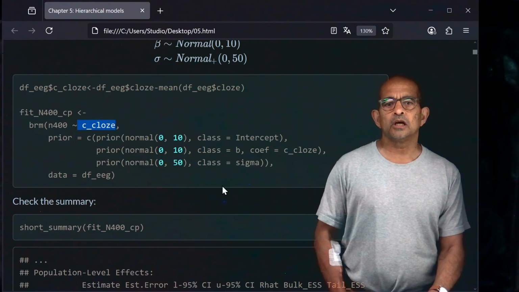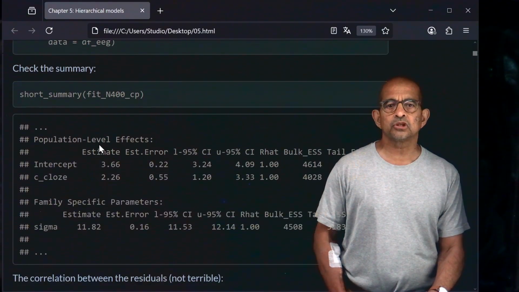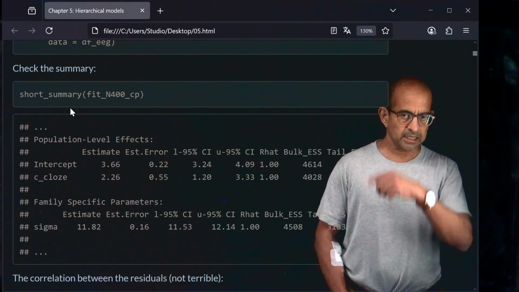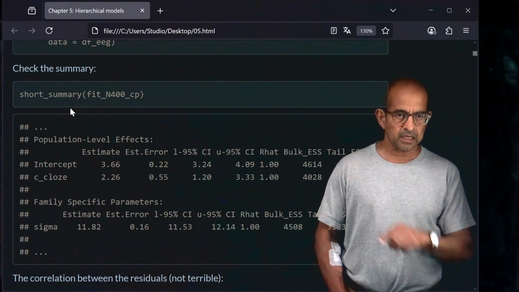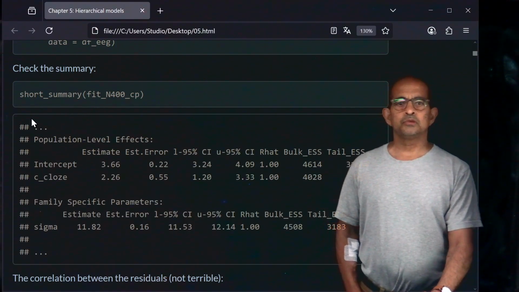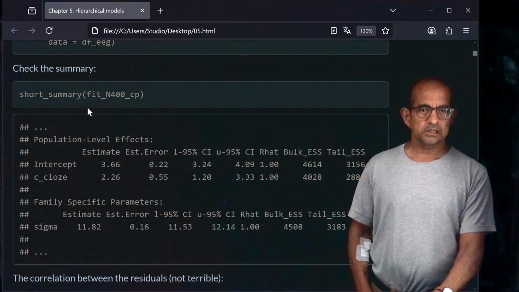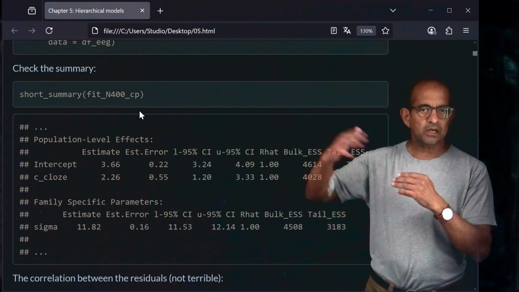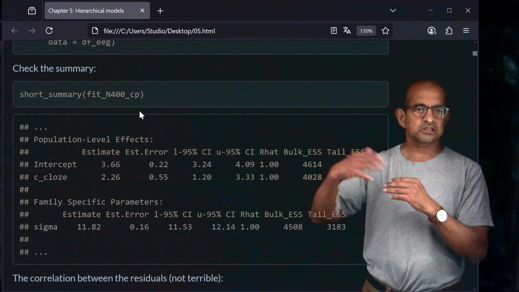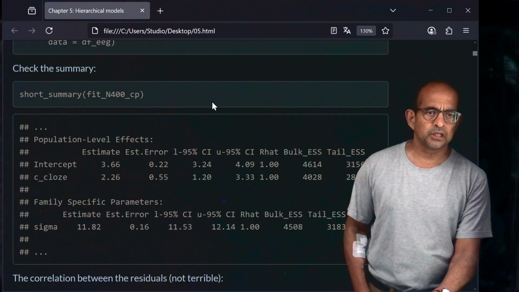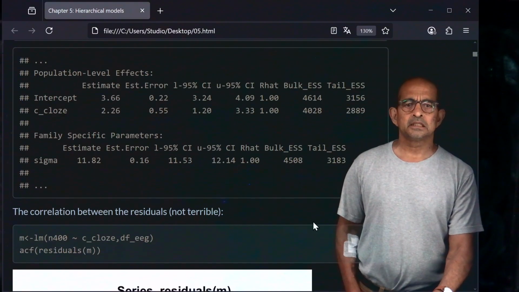So let's look at the output. We are looking at this short summary function, which is hidden as a function in the RMD file that produced this output. You would have to load this function to use it for looking at the output. It just strips out the irrelevant parts of the output and looks at the essential parts.